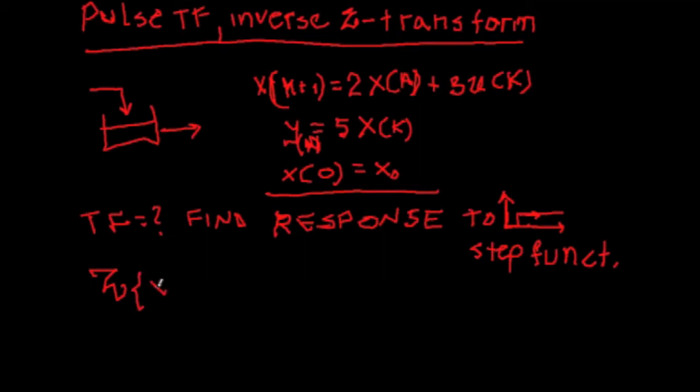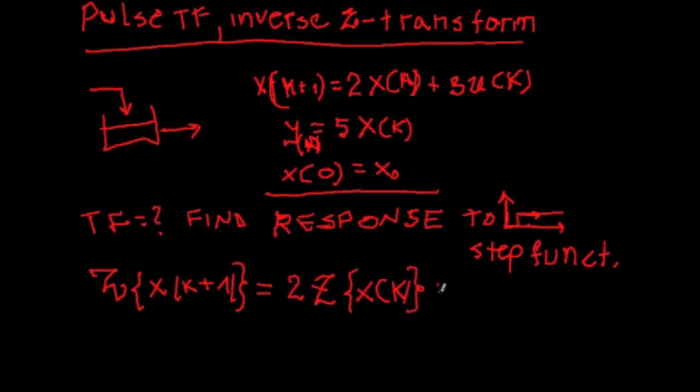So we do the Z transform of x of k plus 1, which equals the Z transform of 2 x of k plus 3 times the Z transform of u of k.